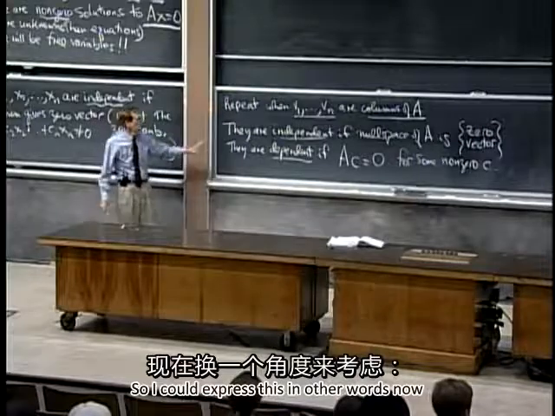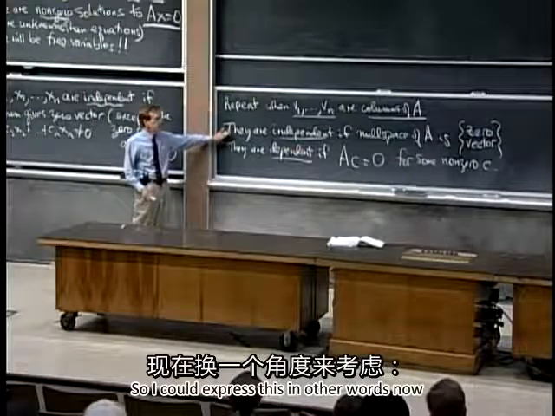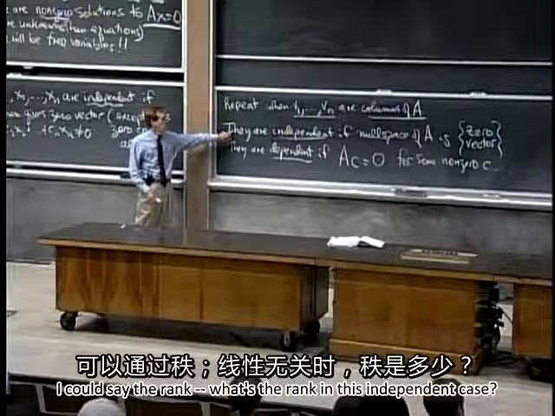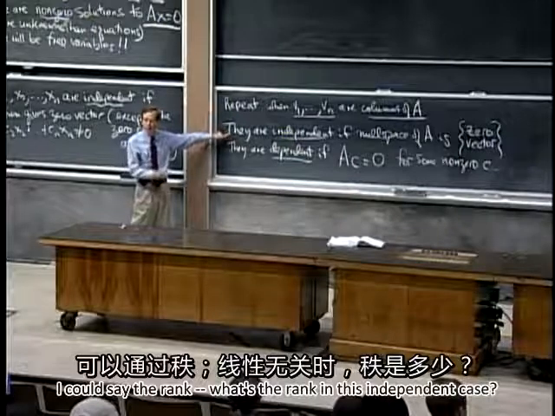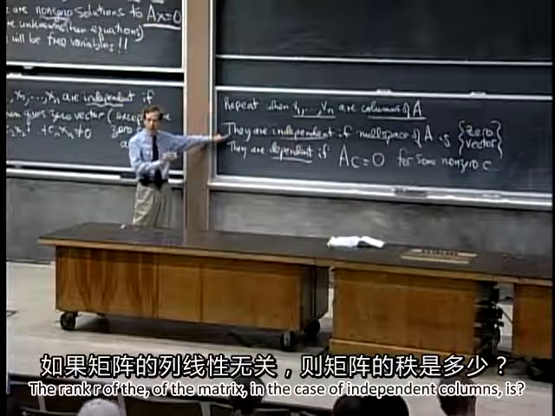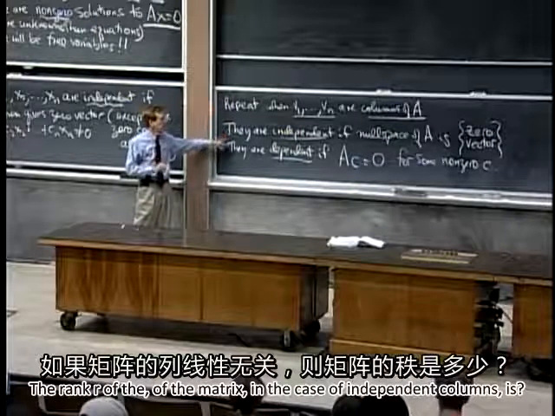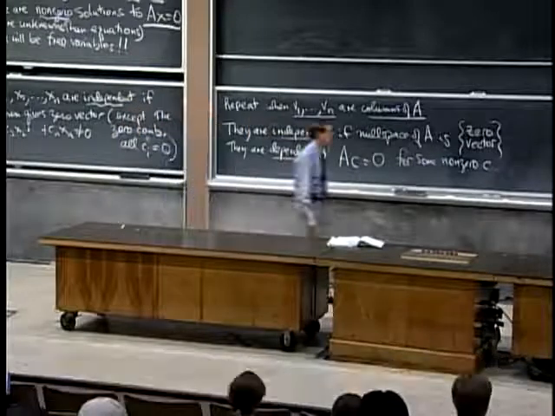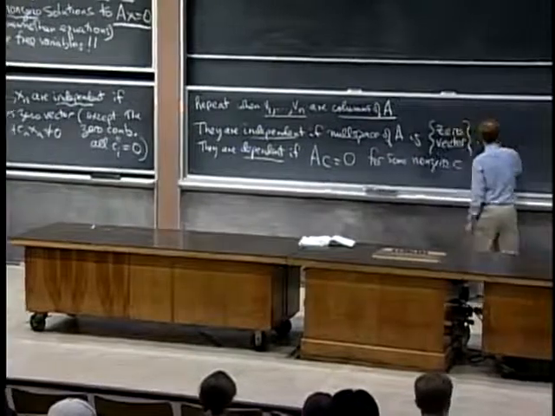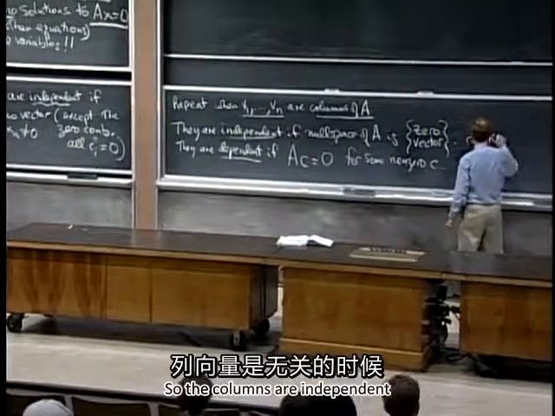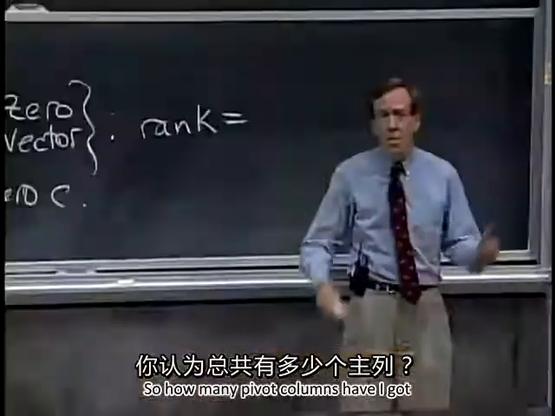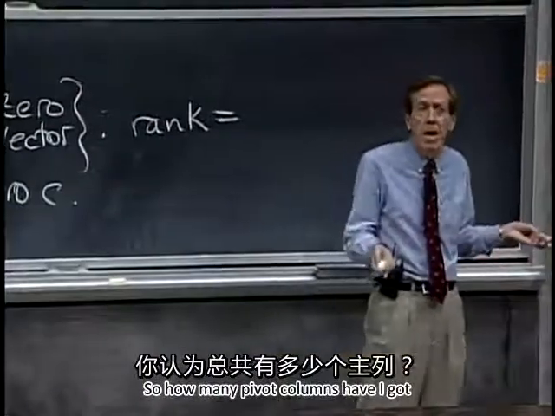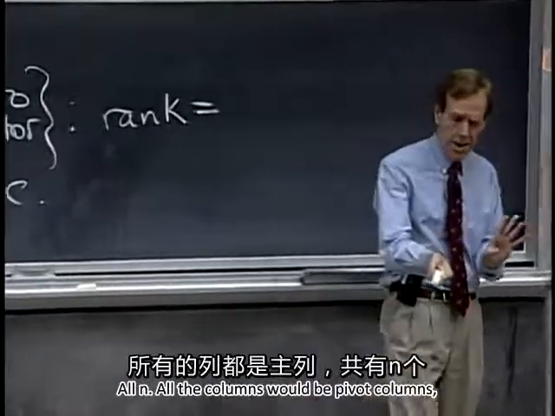So I could express this in other words now. I could say the rank, what's the rank in this independent case? The rank R of the matrix in the case of independent columns, so the columns are independent. So how many pivot columns have I got? All n.